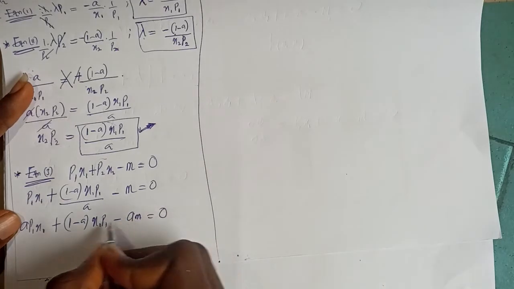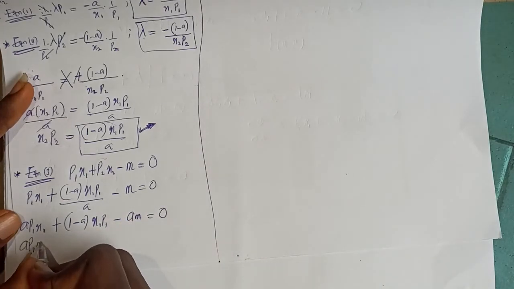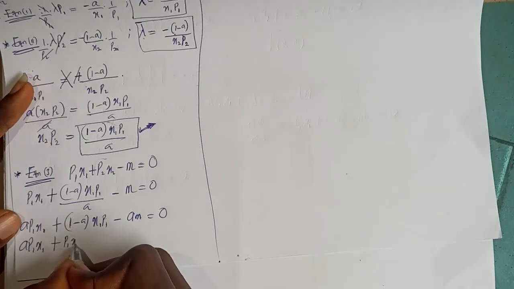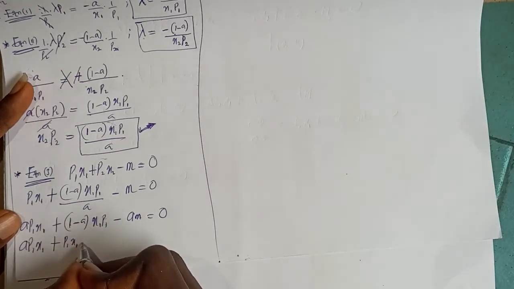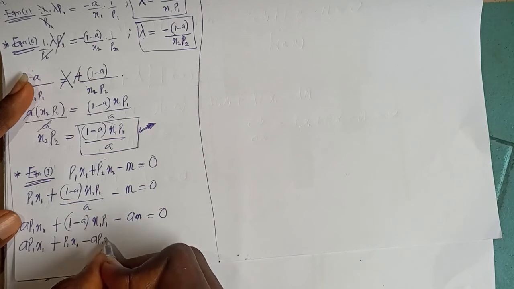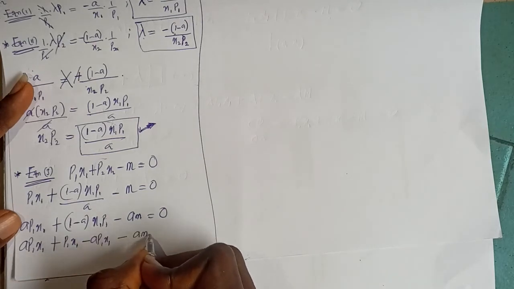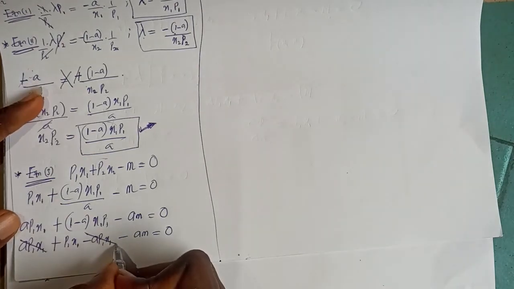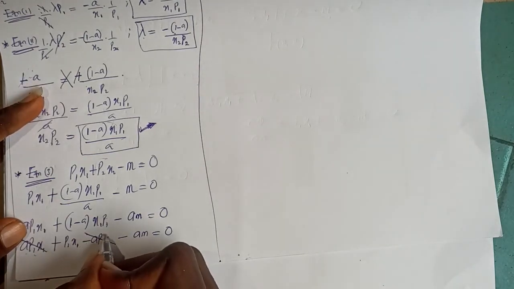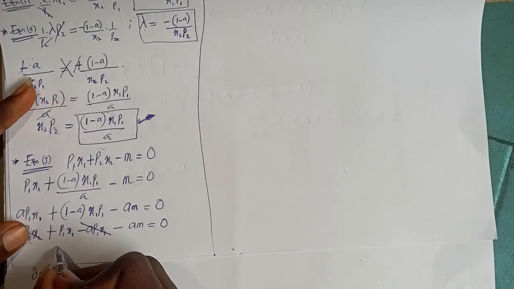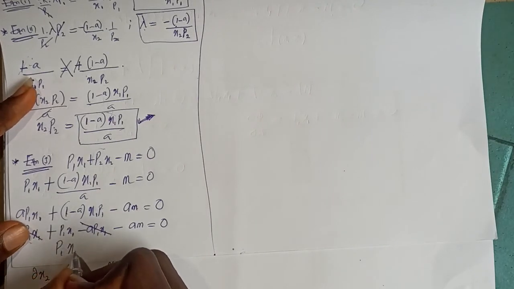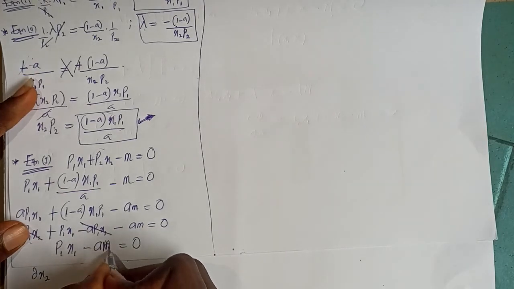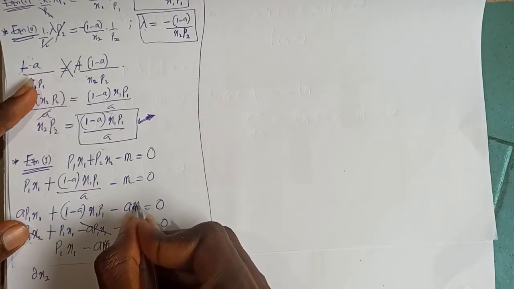We have a p1 x1 plus 1 times x1 p1, that's p1 x1, minus a p1 x1 minus am is equal to 0. So trivially, this will cancel this, right? a p1 x1 cancels minus a p1 x1. So whatever I have left now is p1 x1 minus am equals to 0. This is capital letter M, I'm sorry for that.